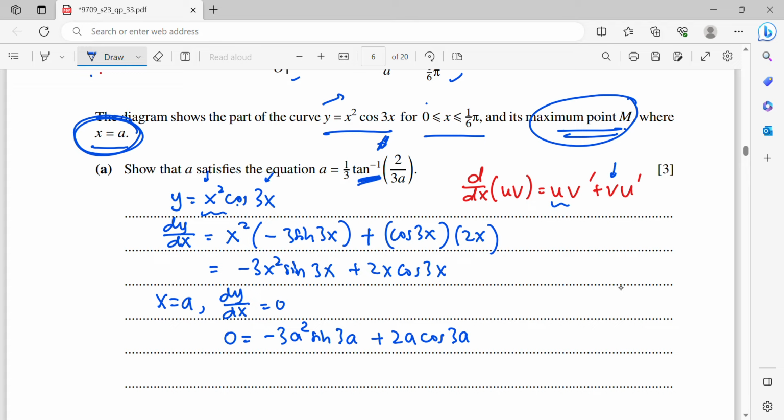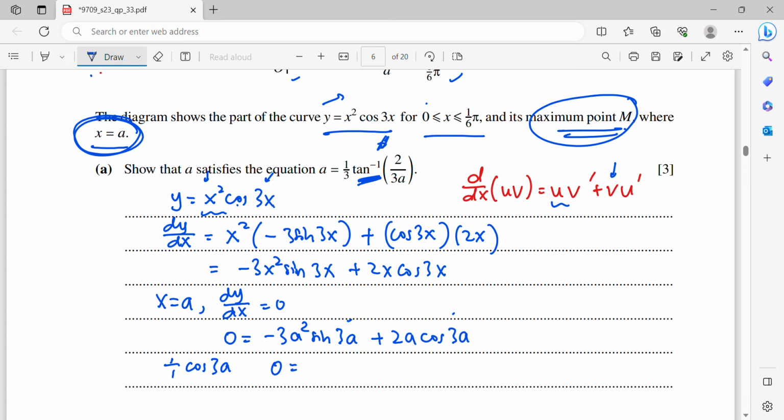In order to get inverse tangent, we must have found the tangent first. Tangent is sine over cos. So I need to divide the whole equation by cos 3a, because you have sine 3a and cos 3a over here.